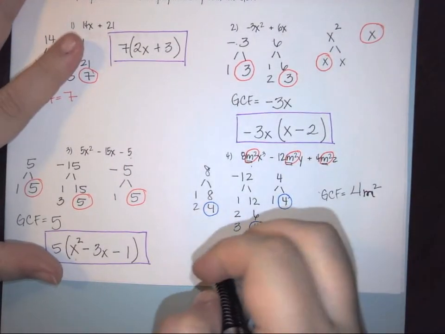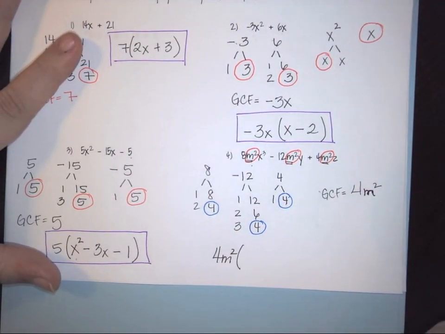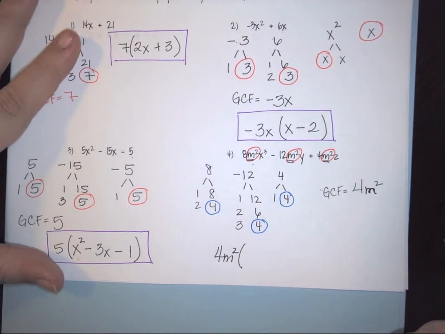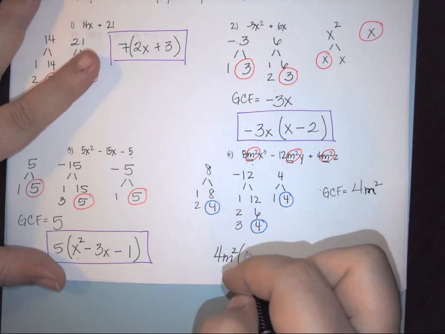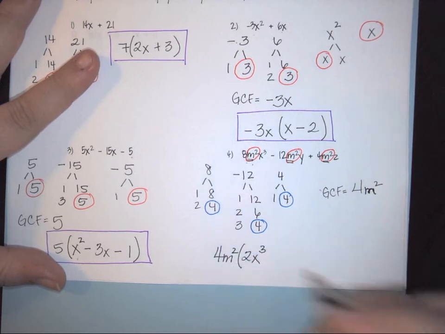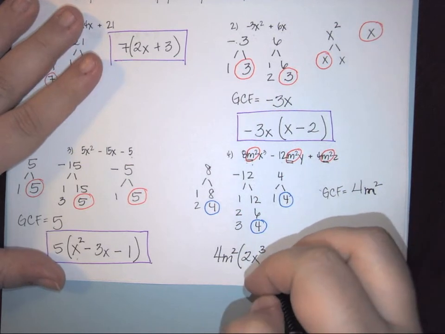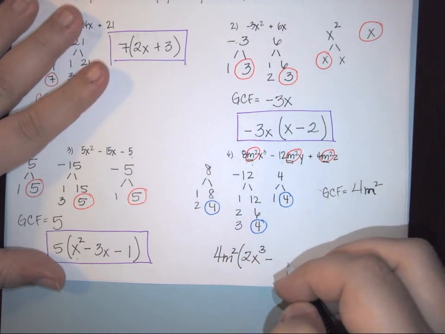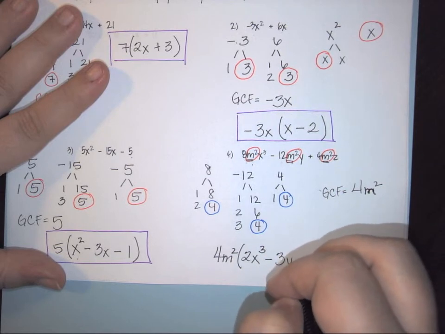So with that, I can pull that out. So I've got a 4m squared on the outside. And then I have to look at what's left. So when I pull a 4 out of my first term, I've got a 2x cubed left over. If I pull a 4 out of my middle term, this leaves me with a negative 3y.